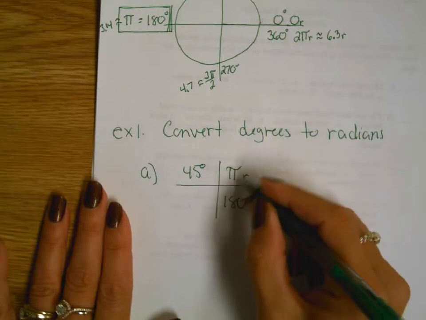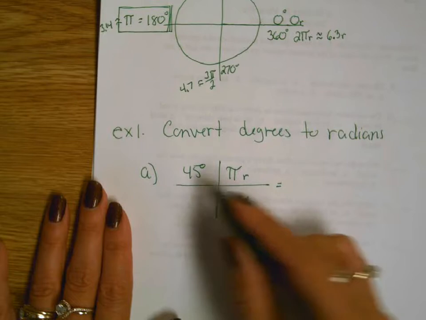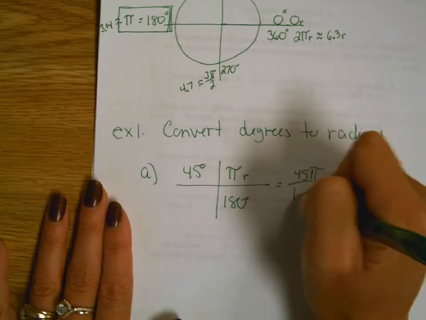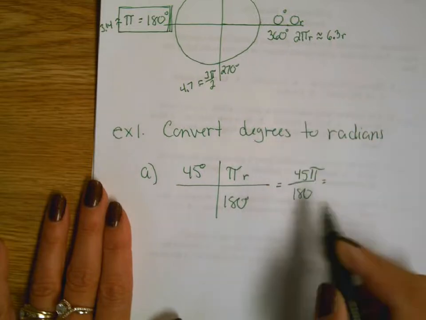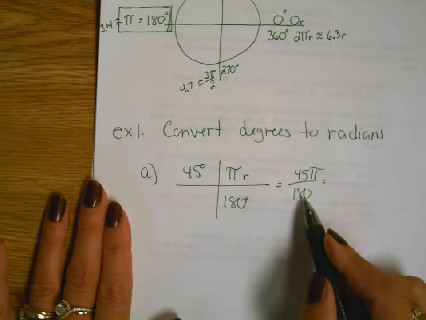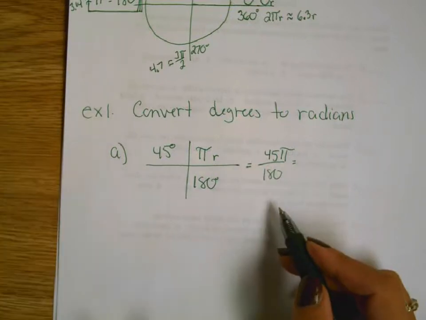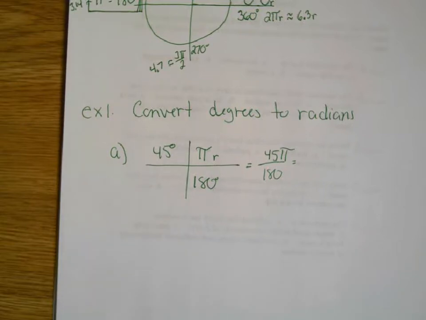And we want to leave the pi visible. So it turns into 45 pi over 180. You've just got to reduce 45 over 180 any way you can. The calculator will do it if you just say convert to a fraction. You can do it by hand like you did in junior high. It doesn't matter, but the quick way is to let your calculator do the work.